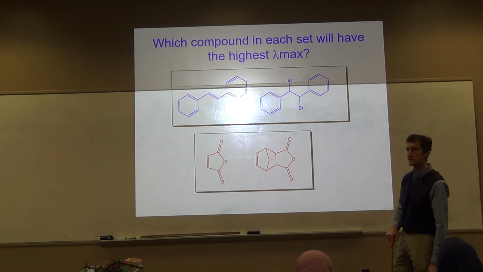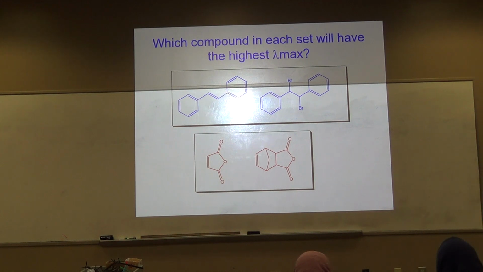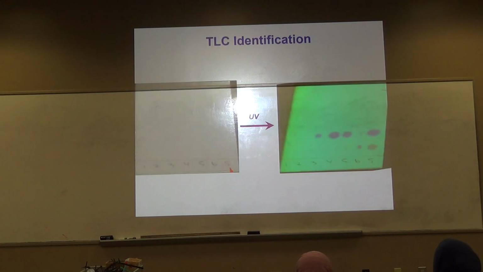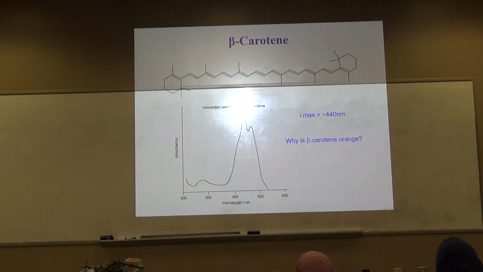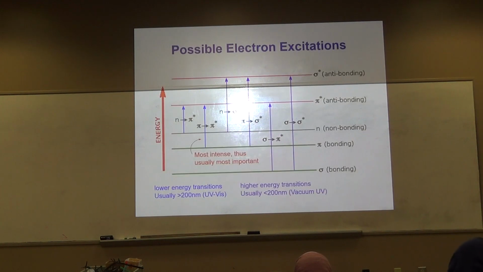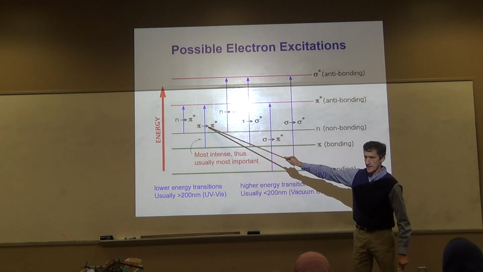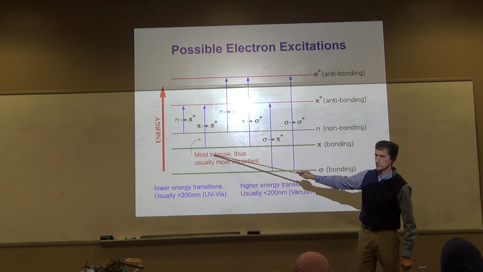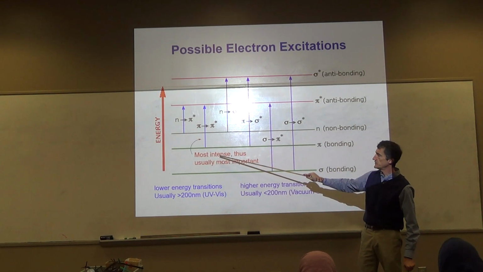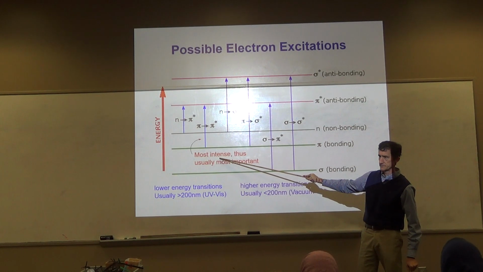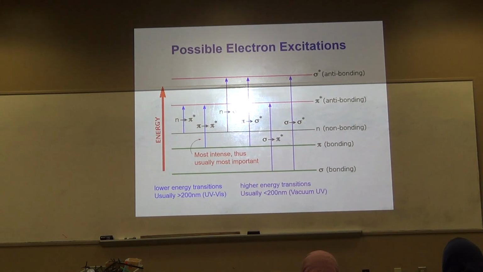I didn't make one statement back over here. Your lambda max typically comes from pi excitation. I didn't point this out here. Your pi to pi star transition, pi to pi star excitation, is usually the most intense, and thus it's usually the lambda max. We can go back over here and look.